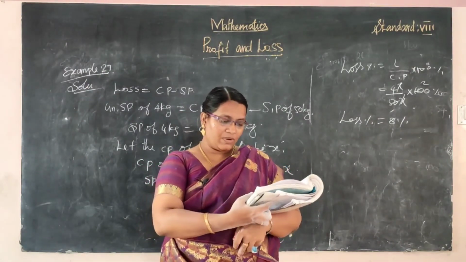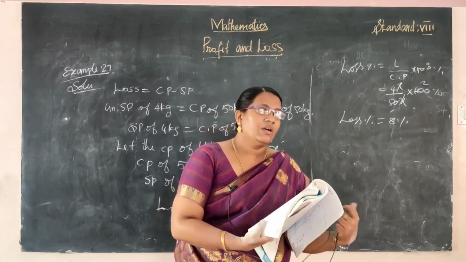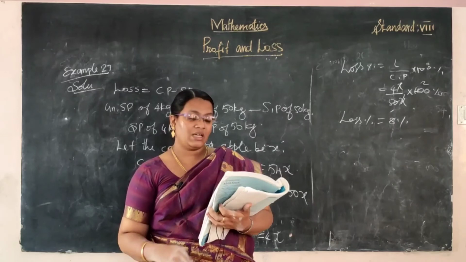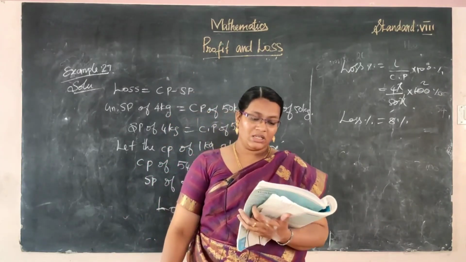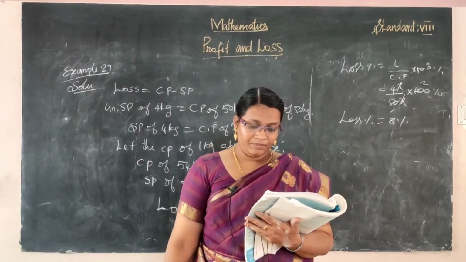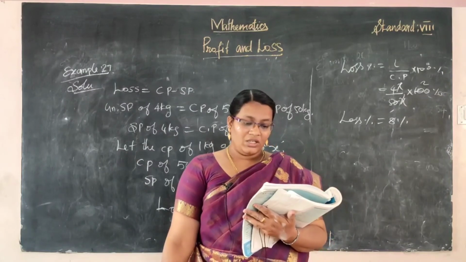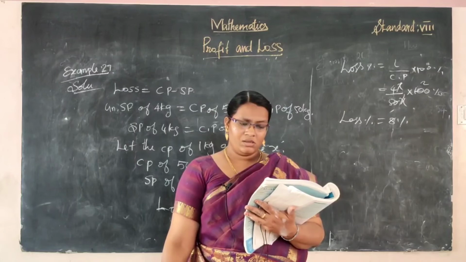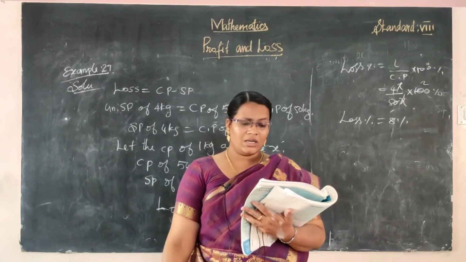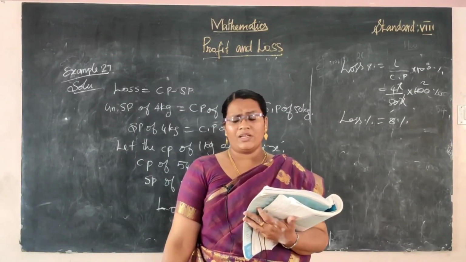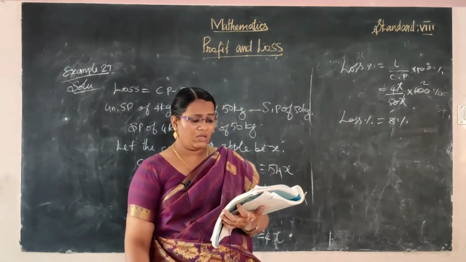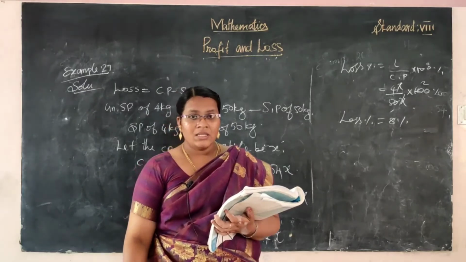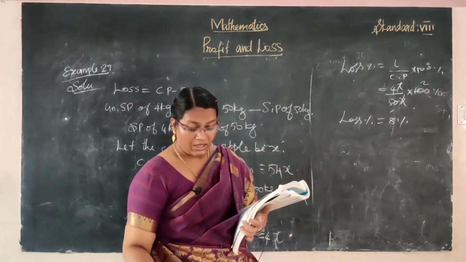The unknown value, the cost price of the t-shirt, we consider to be x. Which data do you know? Gain, and also cost price. So what is the selling price? Formula: SP is equal to 100 plus gain percentage divided by 100 into CP.